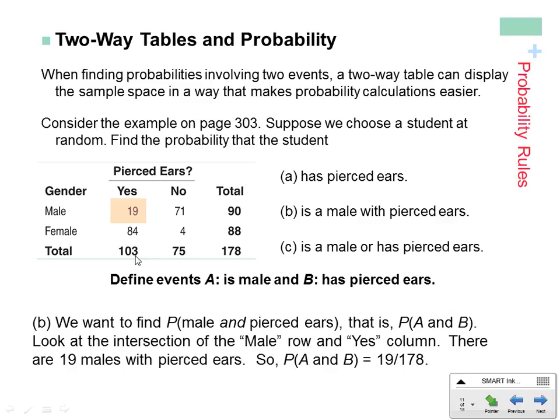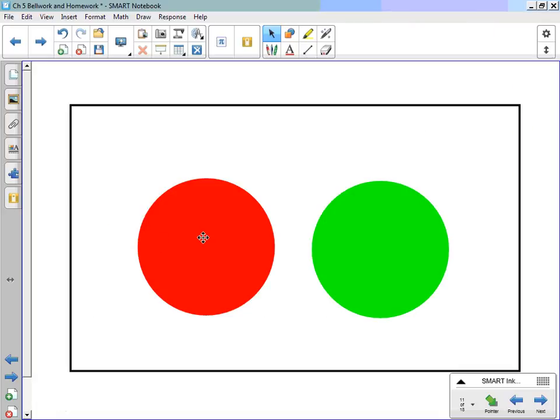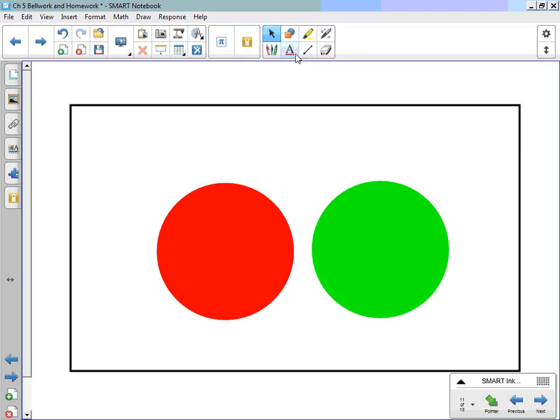Now, to give you an illustration of that, I'm going to pull this up, and I can write on this as much as I want. Ah, that's horrible. How horrible can I get? It's not going to let me do anything.